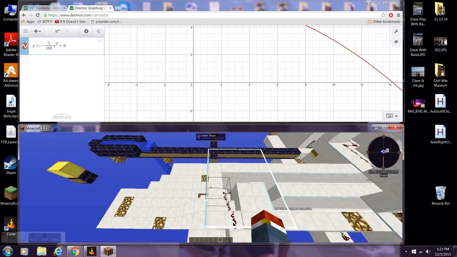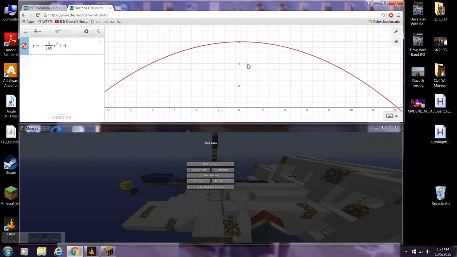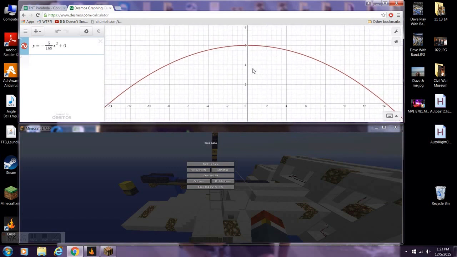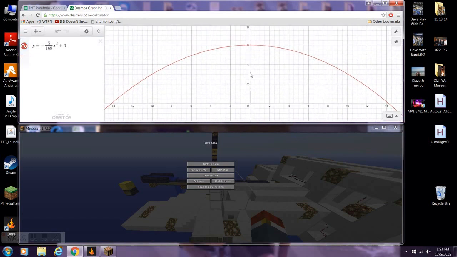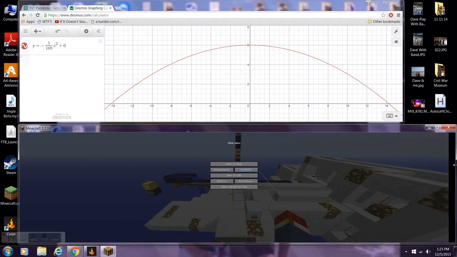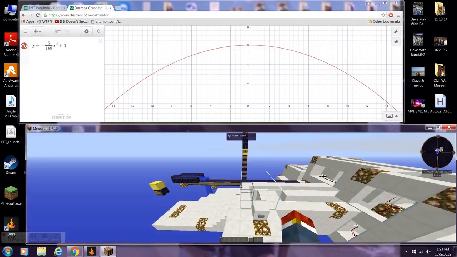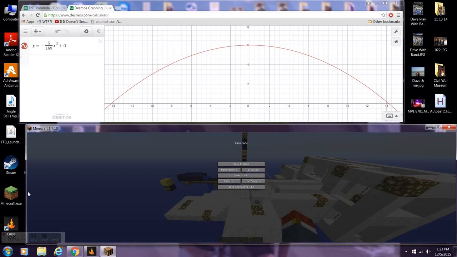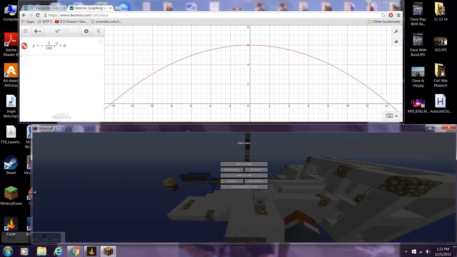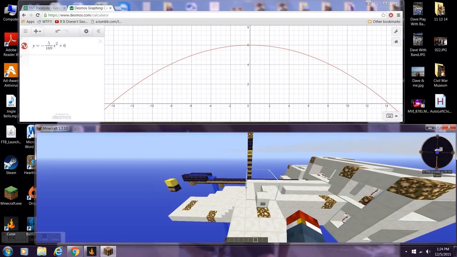Let me just fix how that looks. What I'm trying to do is line up the obsidian pillar with the original thing.